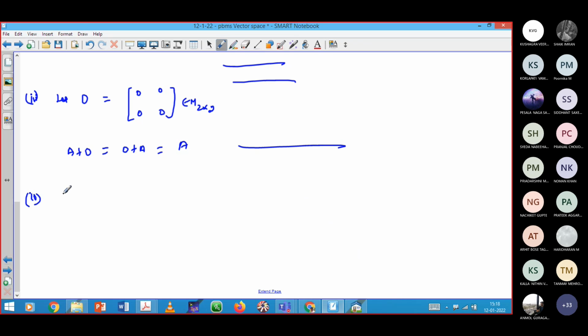For the last one, I can take minus A as minus A, minus B, minus C, minus D. After that, you can simply check or write A plus minus A equals minus A plus A. What will be the answer?